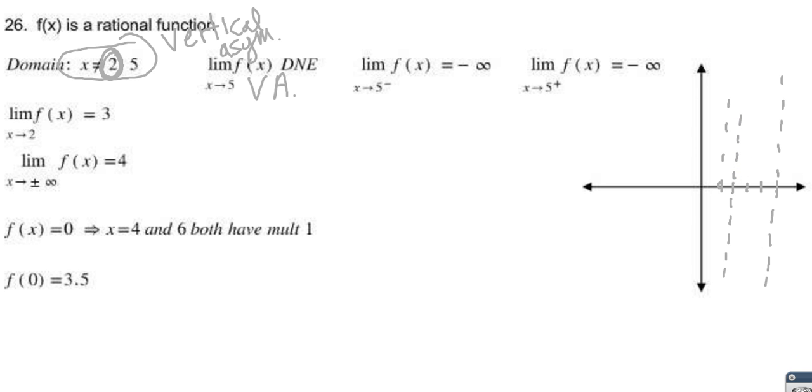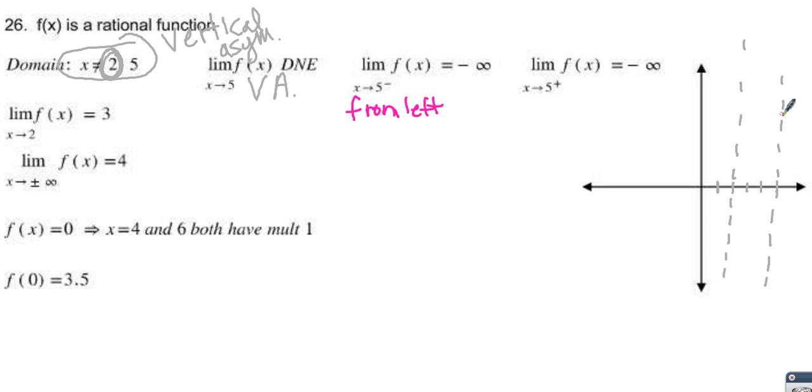Let me erase this mess up here. So we have restrictions, 2 and 5 are not in your domain, so we have asymptotes there. These next little sections are telling you what the graph is doing as x approaches 5 from the left.